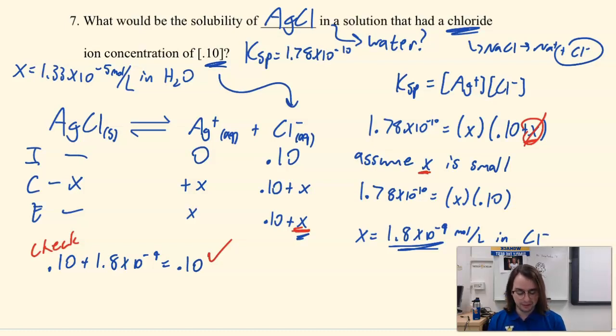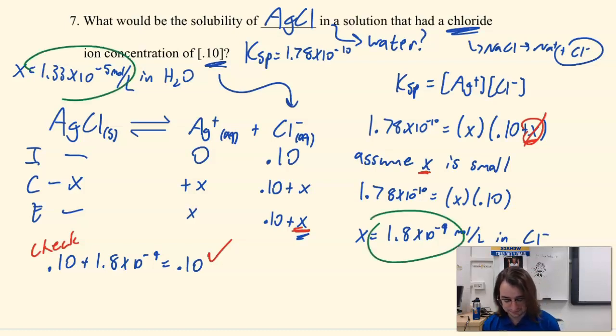So let's compare this value, the 1.8 times 10 to the negative 9th, with this value. Notice that when we add an ion, what's called a common ion, to our solution, we actually decrease the solubility. This is because this ion in solution pushes the reaction back towards the reactants. We'll talk a little bit more about that later.